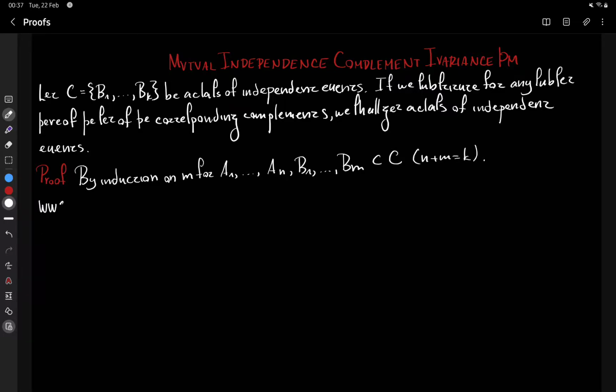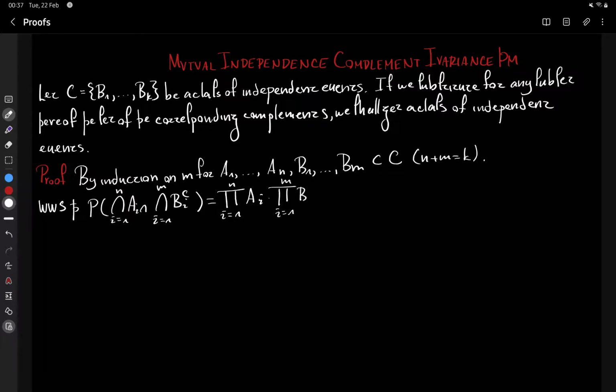So we wish to show that the probability of the intersection ranging from 1 to n of the A's, intersected with the intersection ranging from 1 to m of the B complements, is equal to the product ranging from 1 to n of P(Ai) times the product ranging from 1 to m of P(Bi complement).